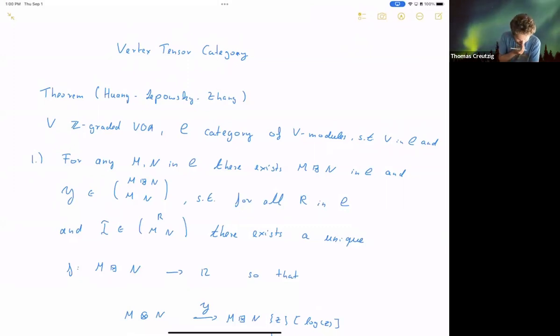I think we are all interested in understanding representation theory of vertex algebras, and for me the guiding principle is usually, first you start with your class of VOAs that you're interested in, and then you want to understand its representation theory. So firstly, you fix a category of modules.